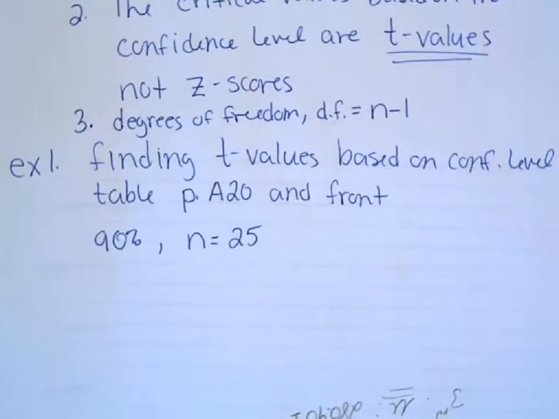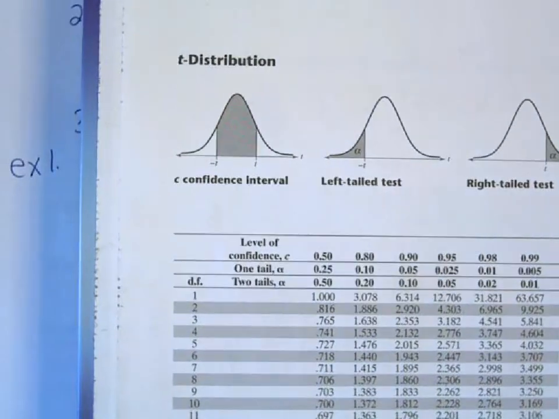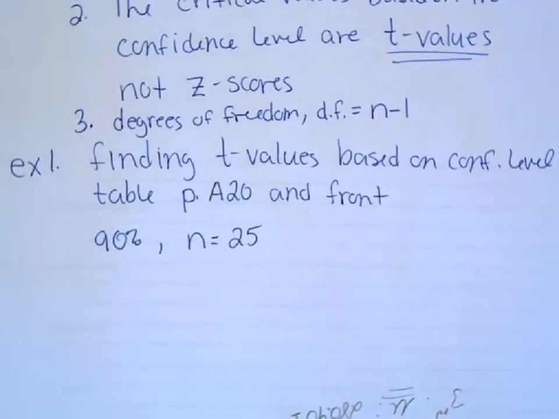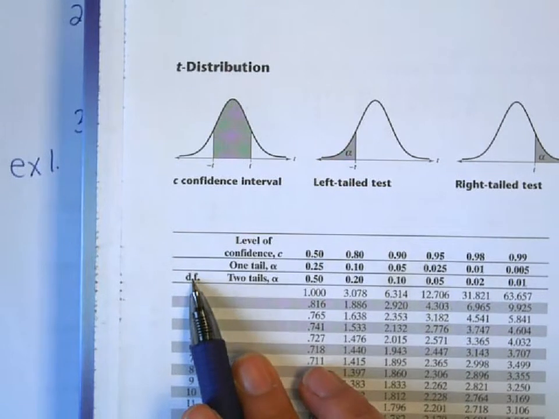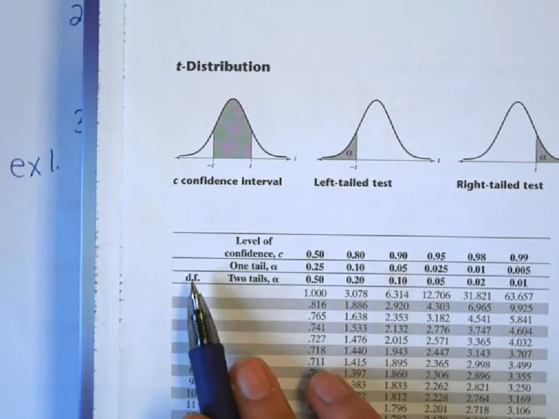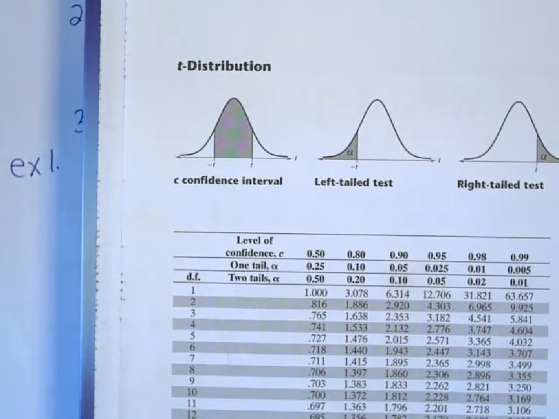What's going to be the t-value that we use in our formula? Well, let's look at the table. So, how many degrees of freedom does this problem have? Because if you look at the table, you've got a DF for degrees of freedom, and I just told you that it's 1 less than the sample size. So we would have 24 degrees of freedom.